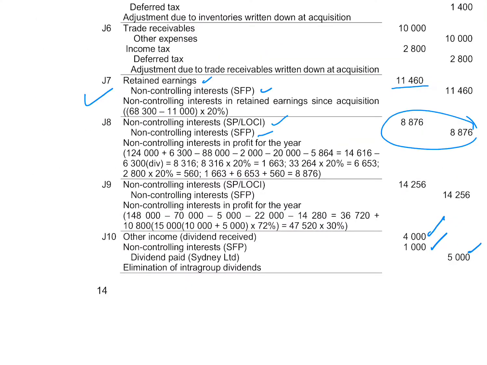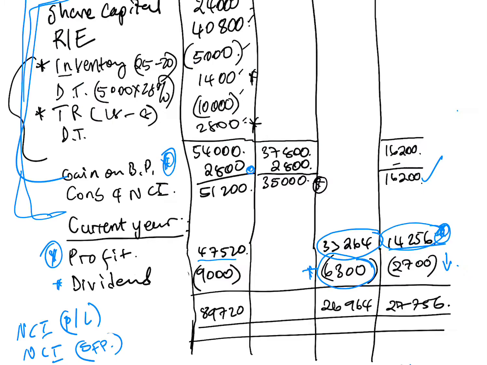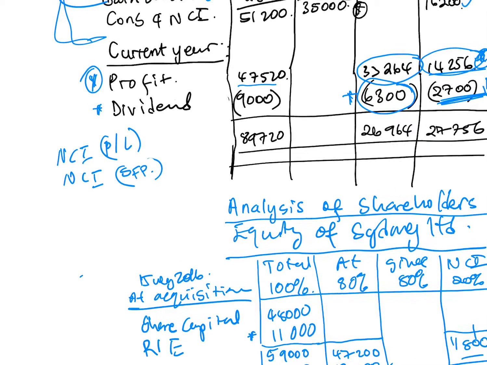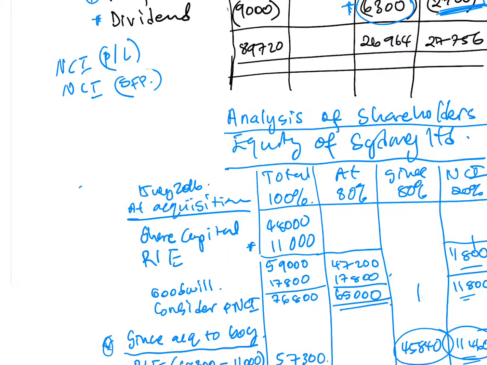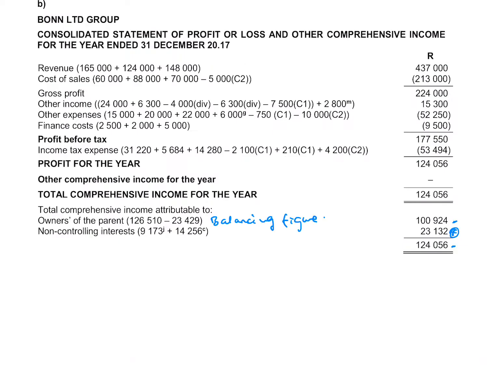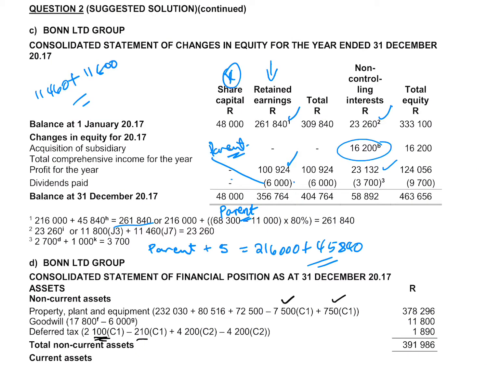There are two dividends that were paid to non-controlling interest. There is this 2,700 that is in the analysis of York. Then there is an analysis of Sydney of 1,000. So it will be 1,000 plus 2,700. That will give us that 3.7.